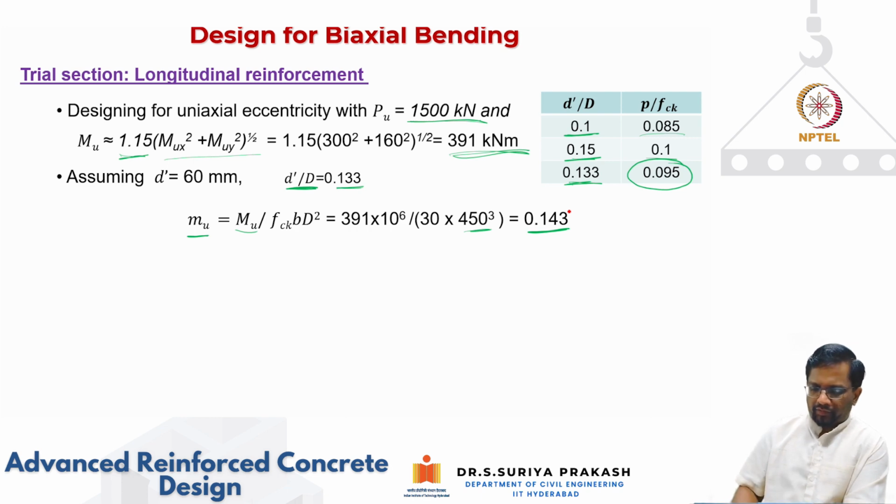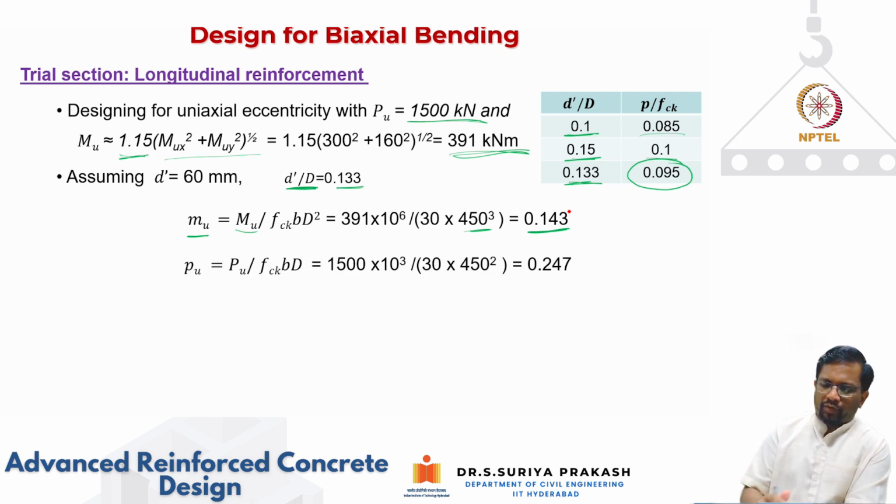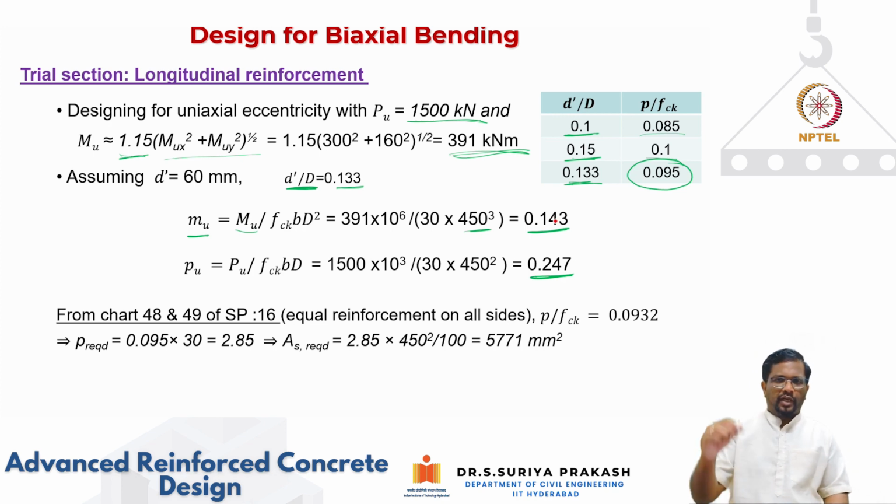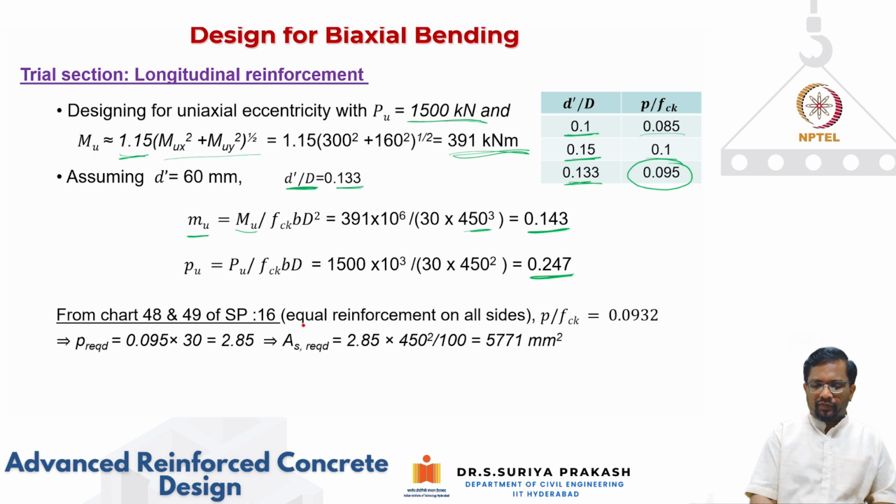Right, so for 0.143, if I go back and calculate small Pu, to use your design aid, I need to calculate the demand ratios, which is small Pu, axial compression divided by FCK BD, and you get a value of 0.247. Now, using these demand values, I have to refer to the charts. Because it's a biaxial case, we always need to put reinforcement on all four sides.